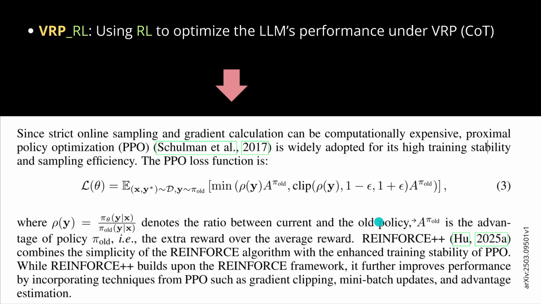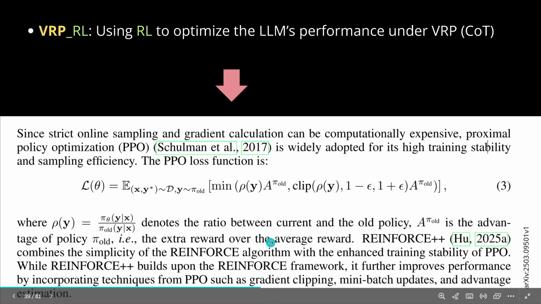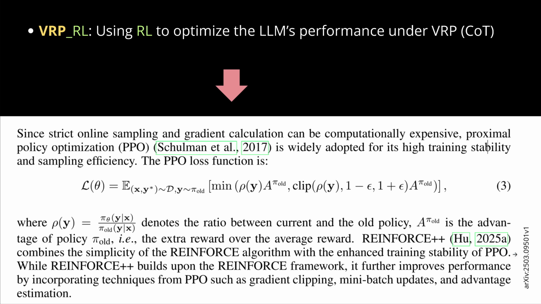And then in 2025, REINFORCE++ was published, and this is a real nice mathematical trick, an optimization. It combines the simplicity of the REINFORCE algorithm with the enhanced training stability of PPO. So we build upon the classical REINFORCE framework.